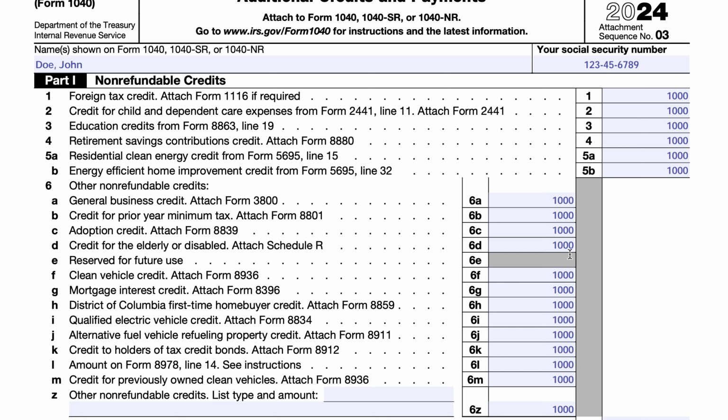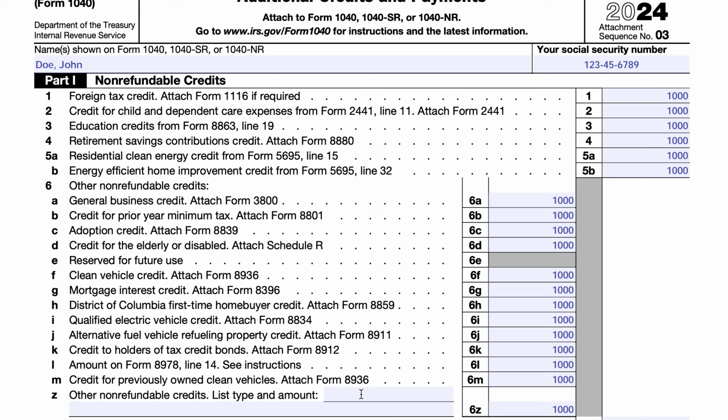The clean vehicle credit, a lot of people might have been familiar with the qualified electric plug-in vehicle credit. Just understand that there are two places that you would attach numbers from IRS Form 8936. So the line in 6F is for the clean vehicle credit for a new vehicle.